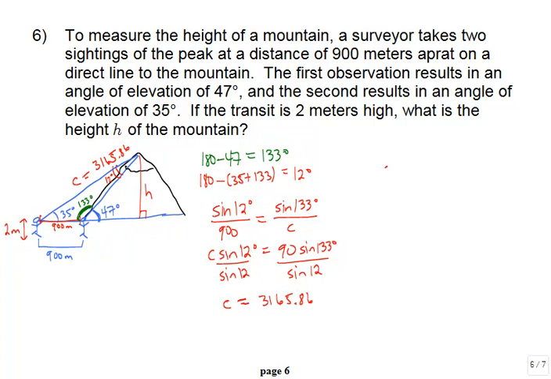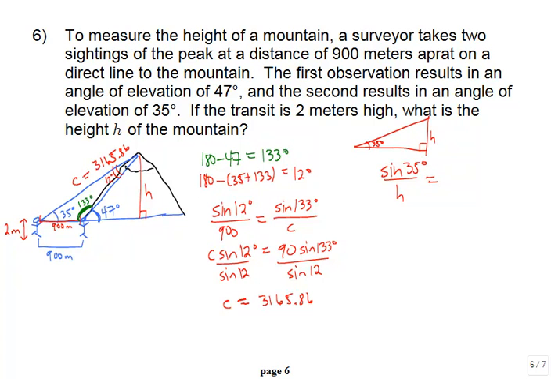So if we did sine of 35 degrees over h, and this again is now referring to this bigger triangle here, where this is that h, this is that 35 degrees, that proportion would need to equal some other angle-side combination.